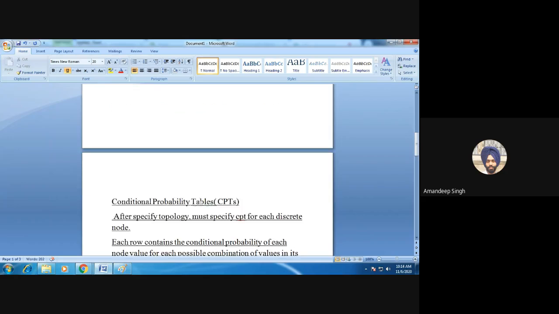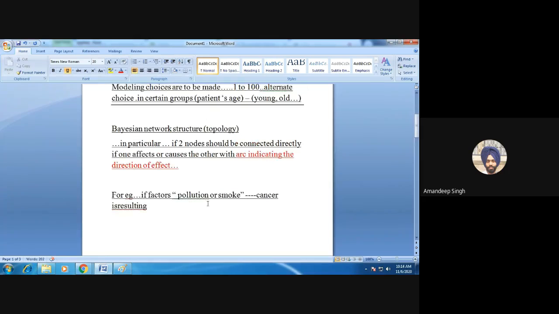Fine. And we saw how you can build a simple Bayesian network with given cause factors and resulting factors.